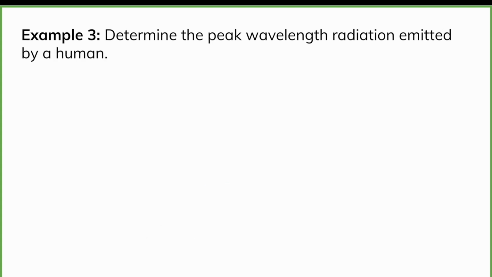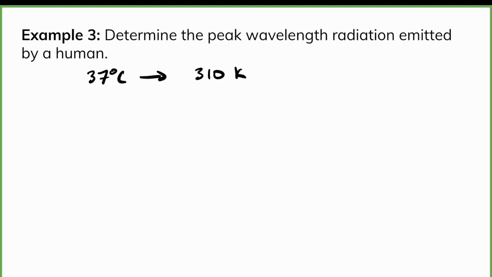I'm going to determine the peak wavelength of radiation emitted by a human. So typically human surface temperature is somewhere around 37 degrees Celsius. And we need to convert that into Kelvin, and so that's going to become 310 Kelvin.